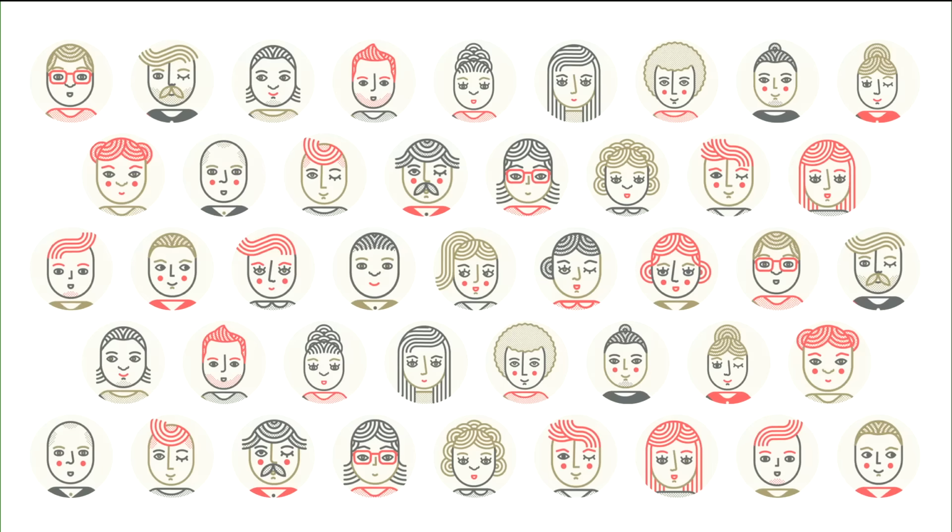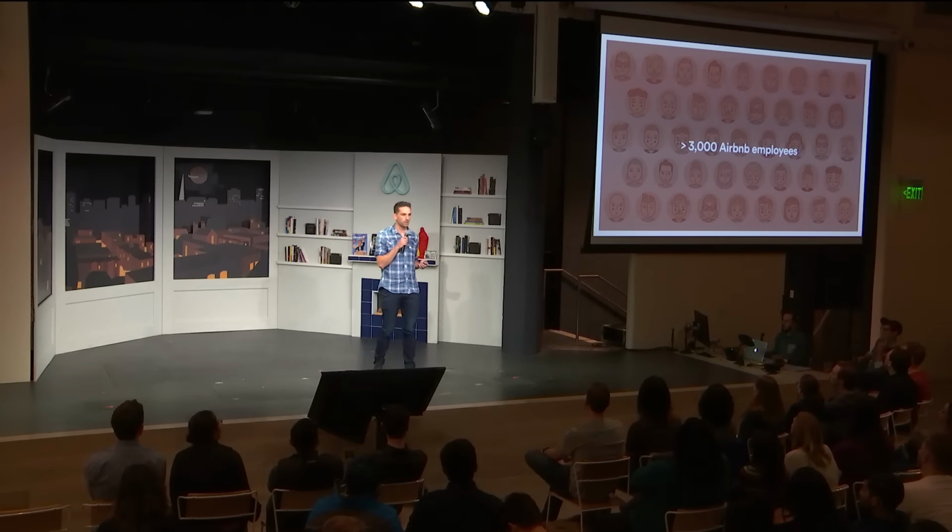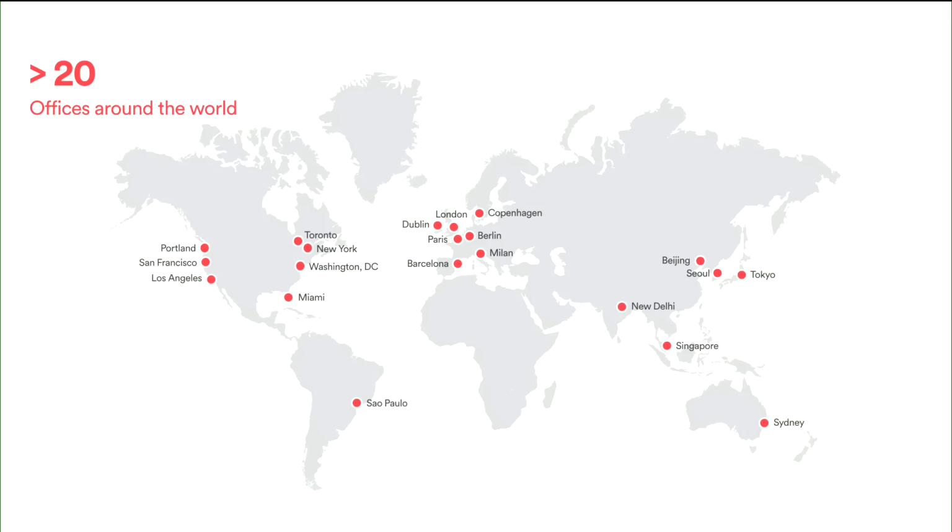But most importantly, we have over 3,000 employees here. And I really can't stress enough how valuable people are as a data resource. Surfacing who may be the point of contact for a resource is so pertinent for efficient knowledge sharing. To further complicate matters, we are dispersed geographically. We have over 20 offices around the world.